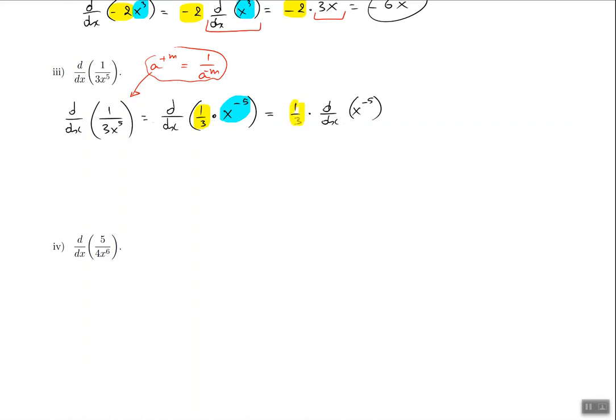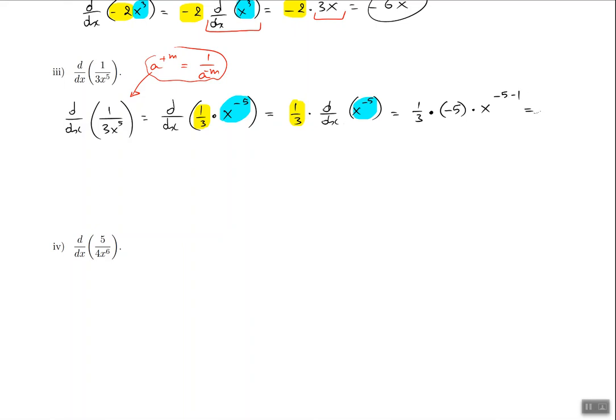Again, the exponent is going to come down in a second, and we will just multiply it with the 1/3 that's already there. So be careful, the exponent is negative, so I need to put some parentheses around the -5. And then x to the power of -5 - 1, because we always take away 1 from the power, regardless of what the power is, because of the power rule.